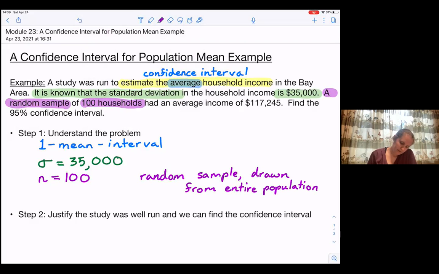Furthermore, in that sample, we have an average of 117,245. So x bar is 117,245. And then we know that we are doing a 95% confidence interval.